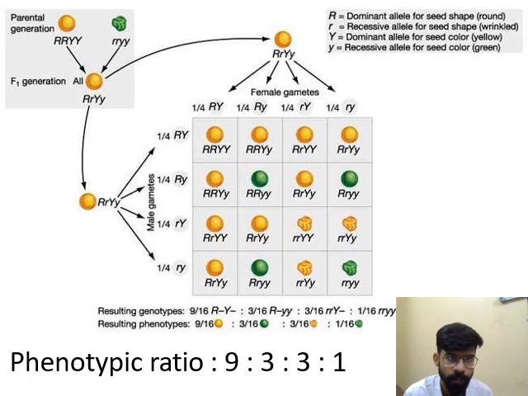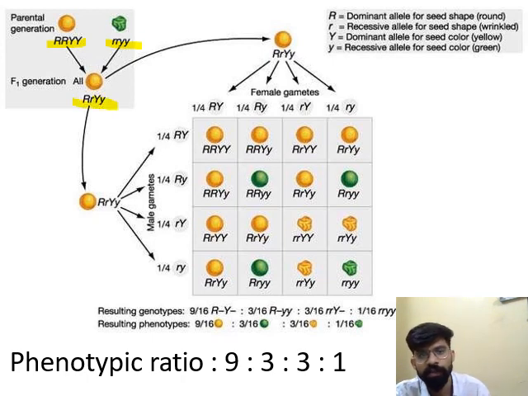Yes, you can see here. This is the parental generation, and this is also a parental. These parents combine to form the first generation, and the first generation will produce gametes, four types: capital R capital Y, capital R small y, small r capital Y, and small r small y.